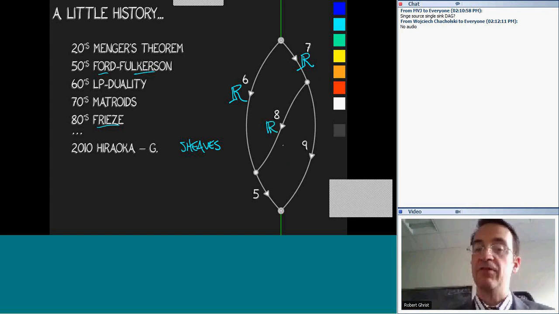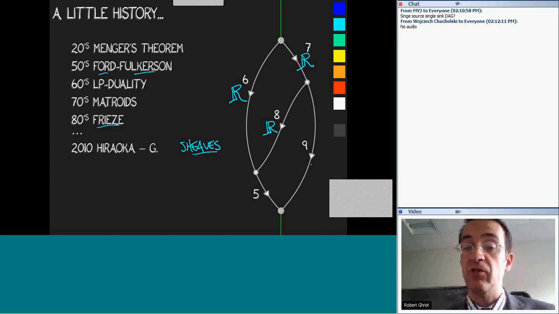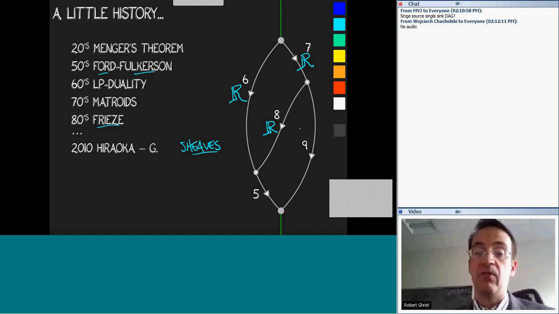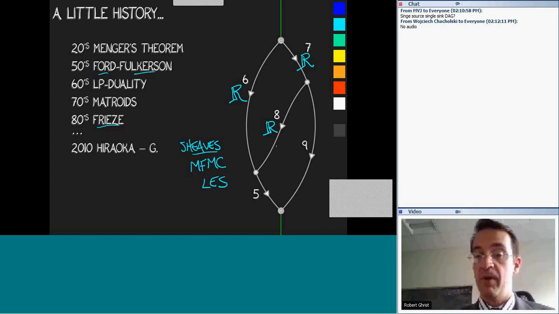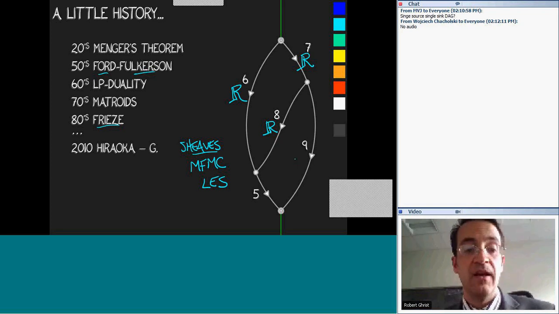And then we built a topological data structure, a sheaf, something like a representation of this graph in the category of vector spaces. And then our work showed that MAXFLOW-MINCUT was really related to a long exact sequence in cohomology.